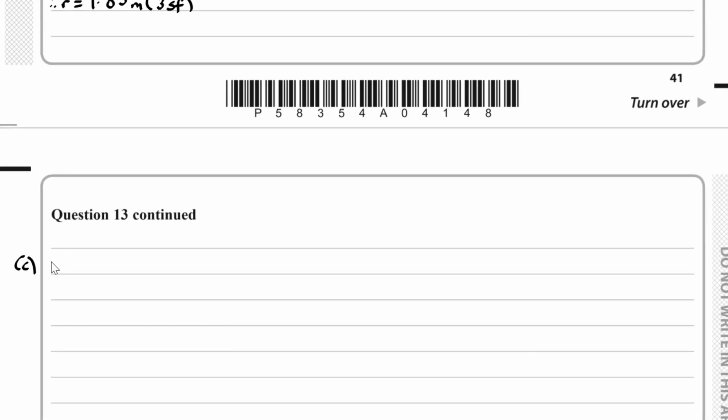So therefore the minimum surface area is equal to 12 over 1.05, etc., plus 5 pi lots of 1.05, etc., squared over 3.